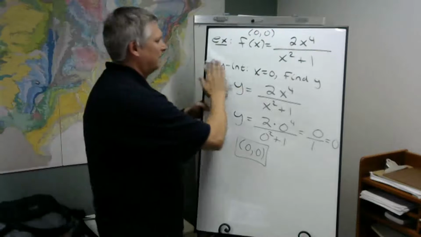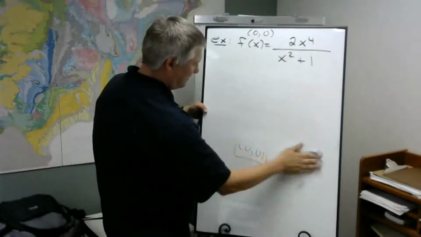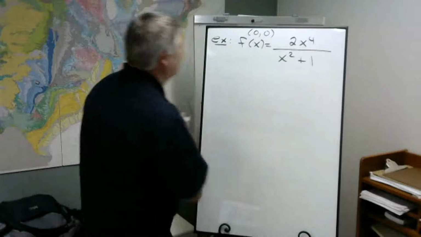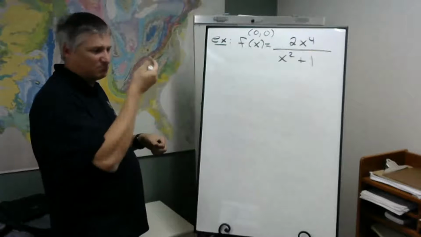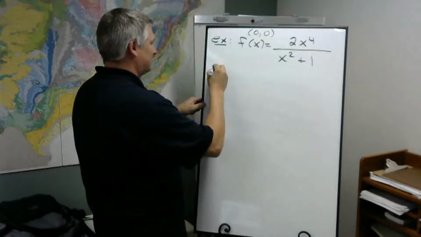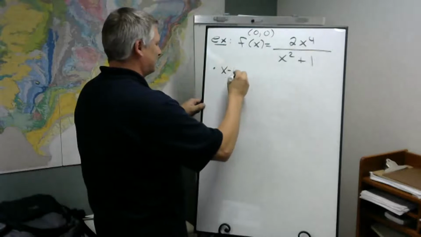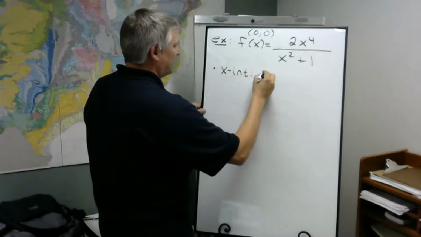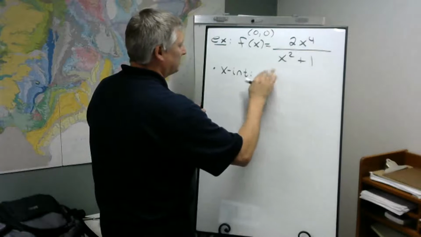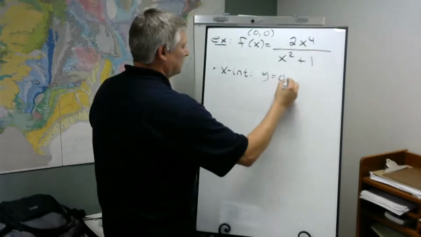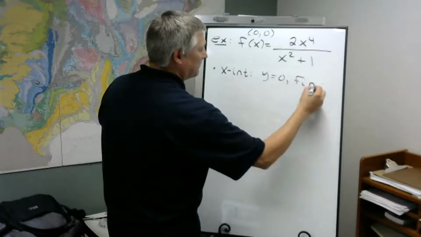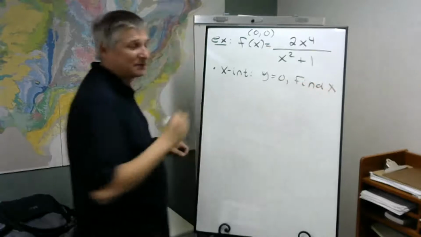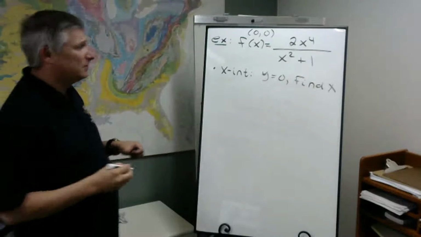X-intercept. Same idea, just things switched around. We're going to let y equal 0 and find x.